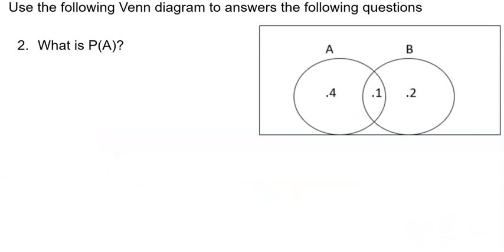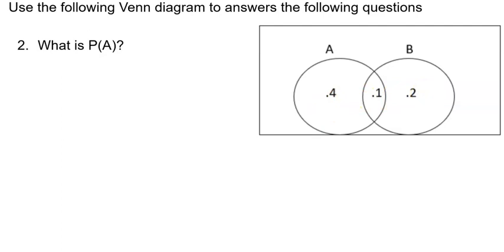So when I look at this Venn diagram, let's answer these questions. The first thing I want to do is finish this Venn diagram. It's not quite finished because I know all these probabilities need to add to 1.